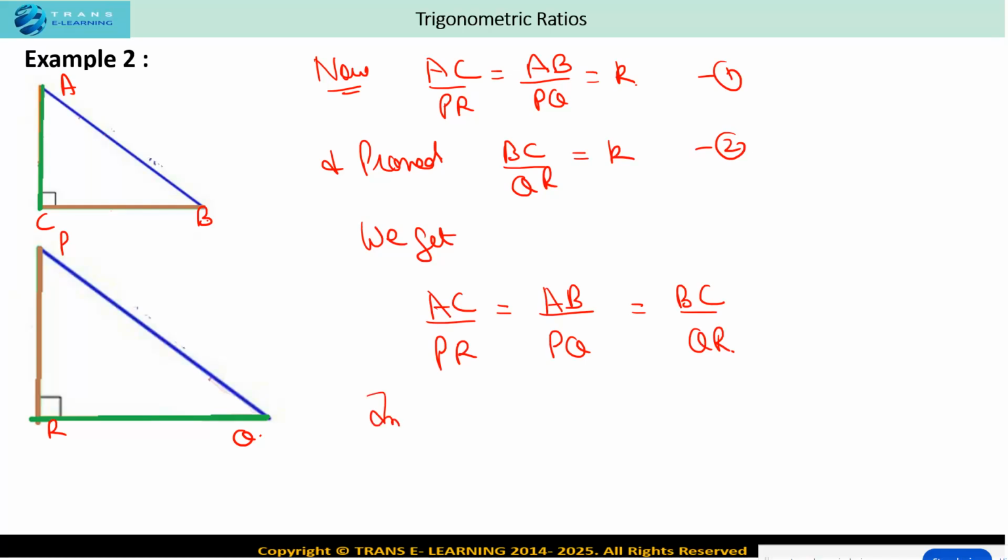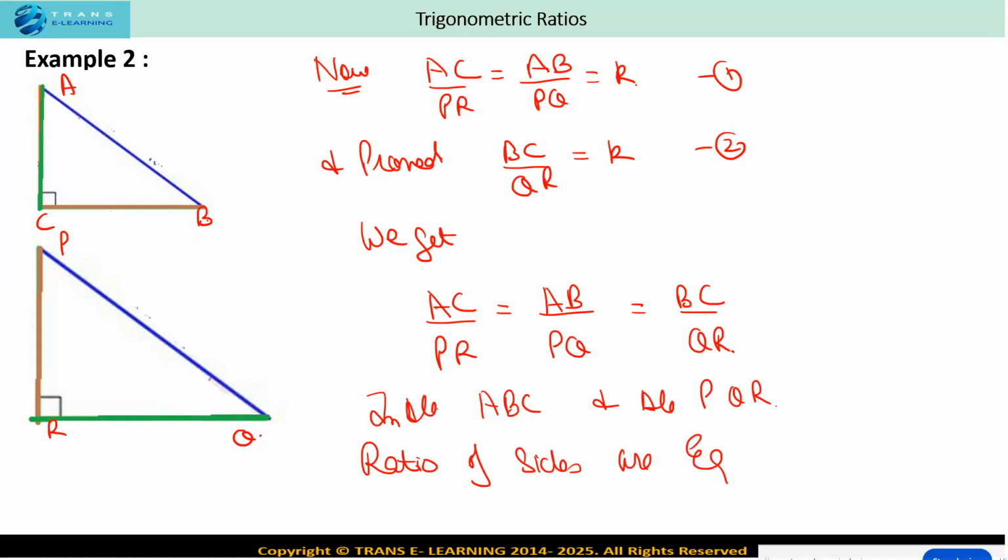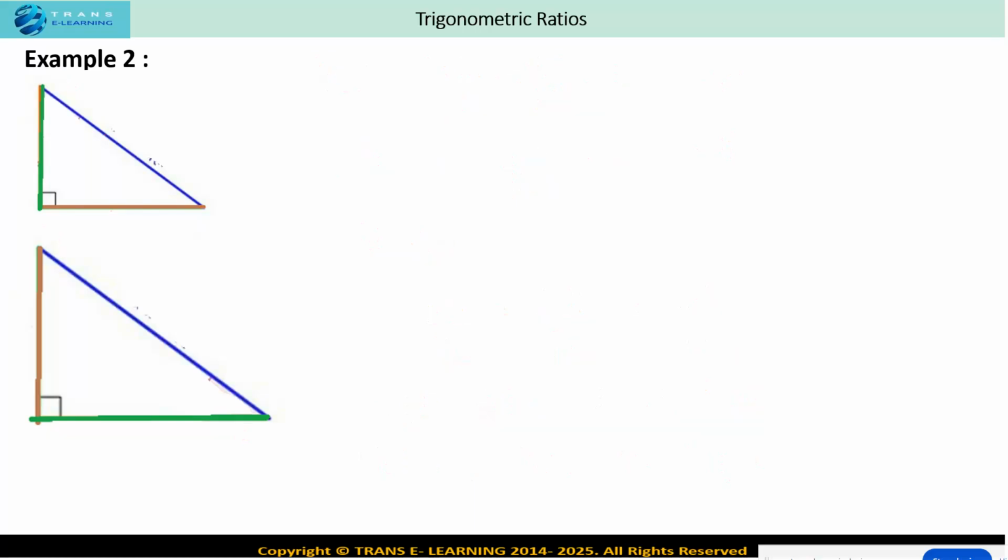So in triangle ABC and triangle PQR, the ratios of sides are equal. Now when the ratios of the sides are equal, that means triangle ABC and triangle PQR are similar.